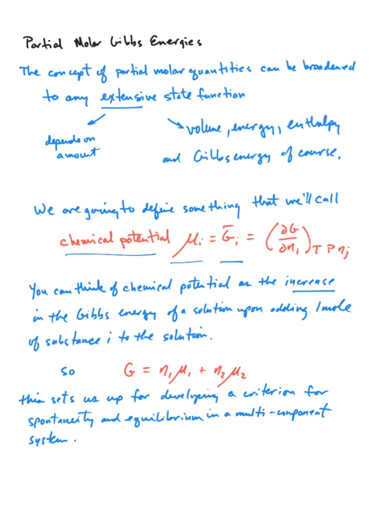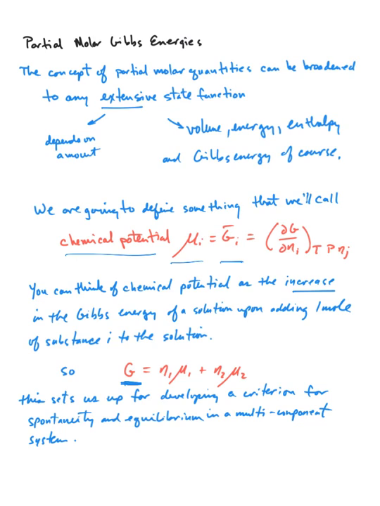So how much the Gibbs energy changes when you add an amount of substance i, in this case, to a mixture. Now you're keeping the temperature, the pressure, and the amount of any of the other substances constant. Let's just think of something simple like a two-component system. So let's say water and ethanol. The Gibbs energy of that mixture is going to be the sum of two terms.